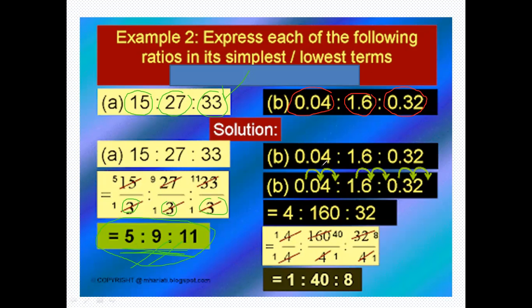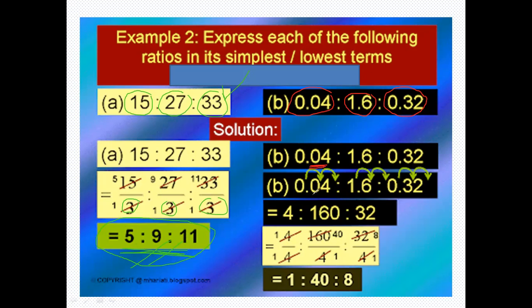So here, 0.04 is in the hundredths place. Remember your decimals? This is the hundredths place. To make it a whole number, we multiply it by 100.